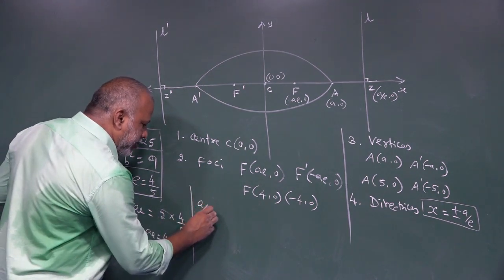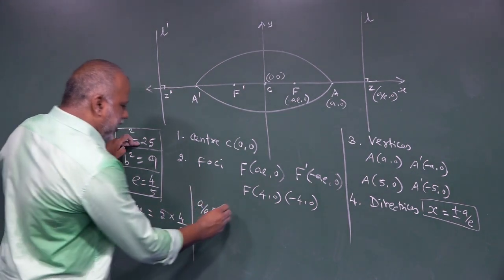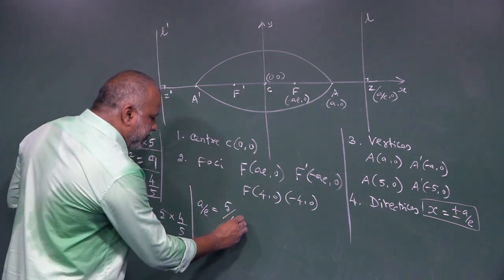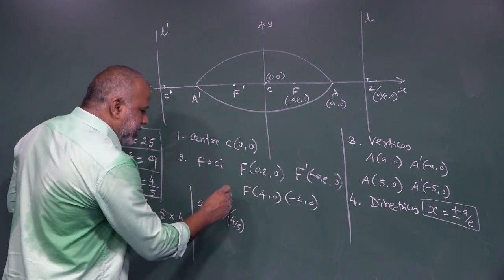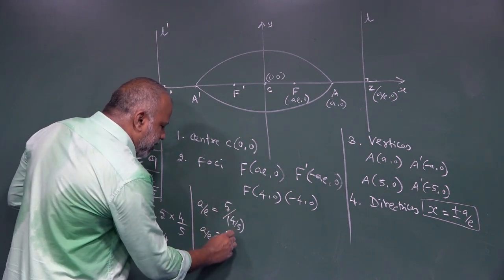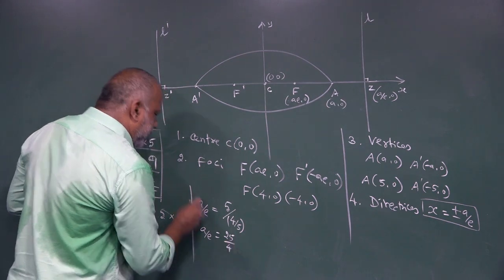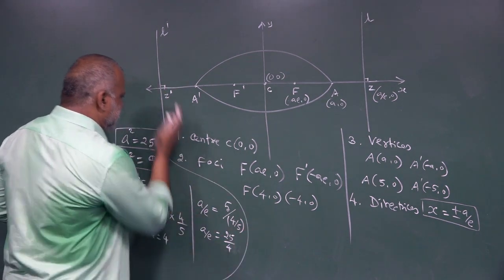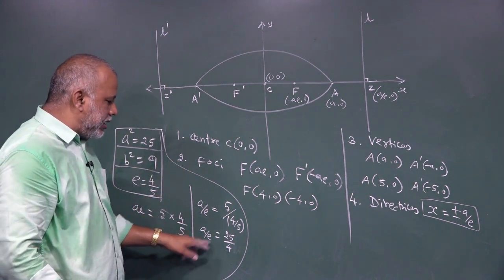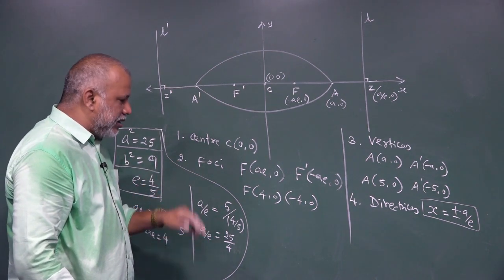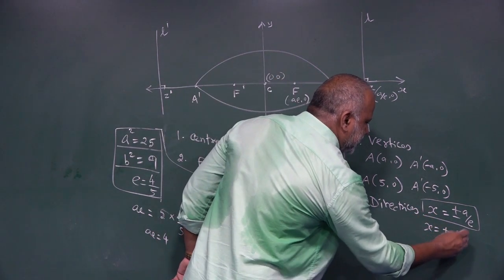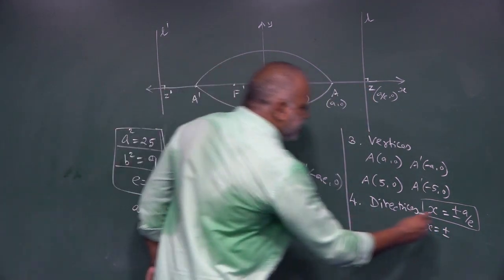See, a by e means the value of a is 5 divided by the value of e, which is 4 by 5. When we take the reciprocal, a by e equal to 25 divided by 4. You can work out all these calculations in rough space. So a by e is 25 divided by 4. So I want to substitute here x equal to plus or minus 25 divided by 4.